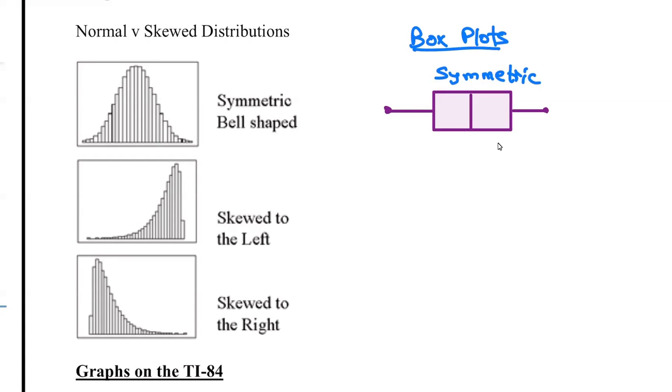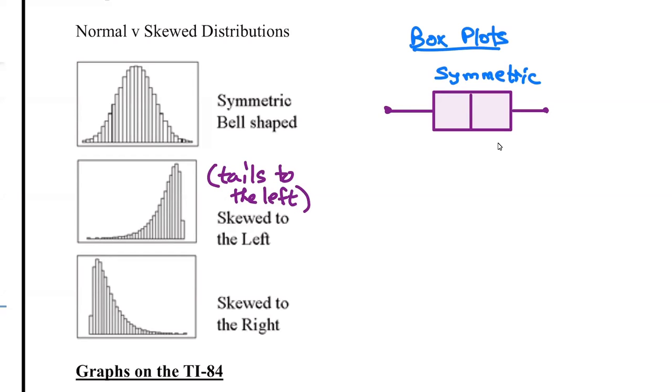Now, when I say a distribution is skewed to the left, I'm also saying it tails to the left. You can make a note of that, tails. If you imagine that a graph could have a tail, like a dog's tail, where would that tail be wagging? It would be wagging to the left. That's the tail-looking part of it. So what would that look like in the form of a box plot?